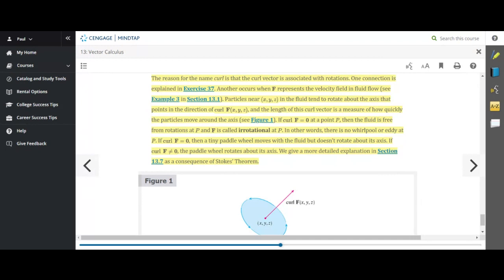I always like to think of nice examples. Here's an example where at a point x, y, z, there's a little whirlpool or eddy. How many have seen that, maybe with leaves swirling around in a circle in the wind?